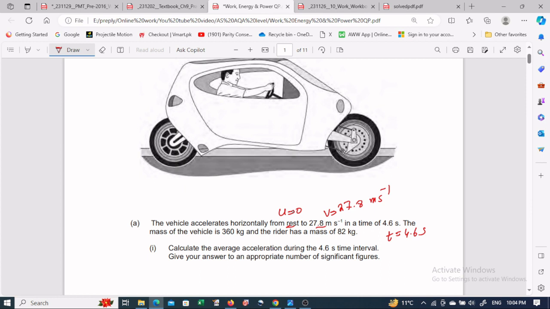The mass of the vehicle is 360 and the mass of the rider is 82 kilograms. So the combined mass, we can add these two and we get the total mass. Calculate the average acceleration during the 4.6 second time interval, giving your answer in an appropriate number of significant figures.